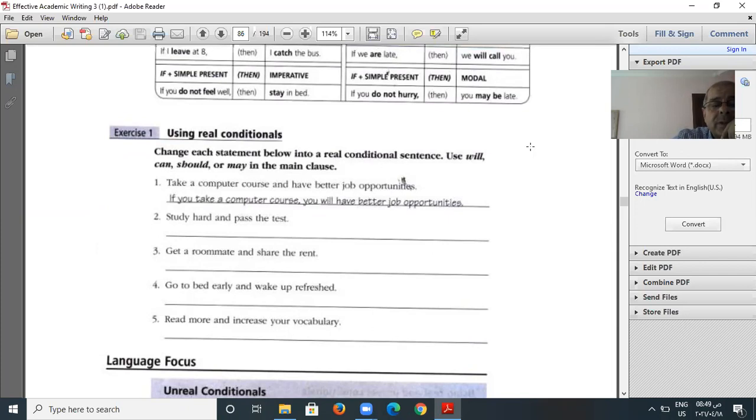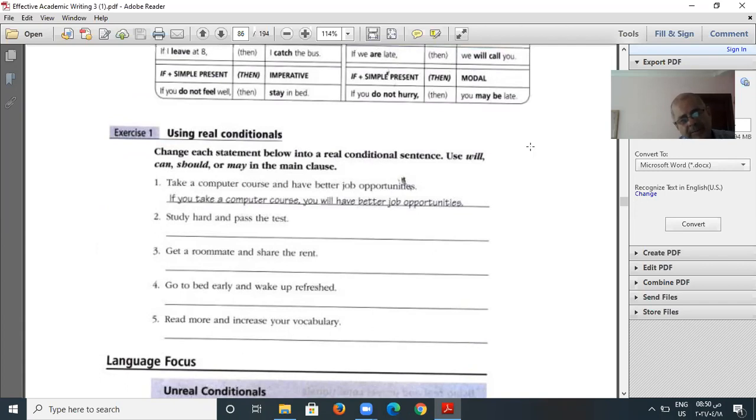Then this is what? Real conditional. In the if clause we use simple present, take. In the main clause we use will. Okay. So this is real conditional. It means in real conditionals, it may happen or it may not happen. Okay.